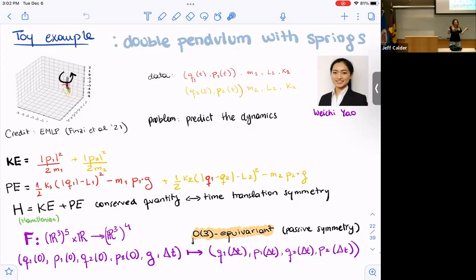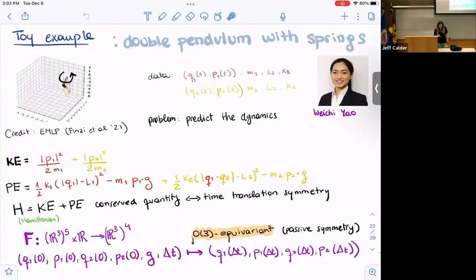That's one form of passive symmetry, one of the symmetries that had to do with coordinate freedom, right? So I do a change of coordinates, and then the system doesn't change. So with that, we can implement this model as an O3 equivariant model, not just an O2 equivariant model, by just adding the gravity as one of the inputs to the learning.